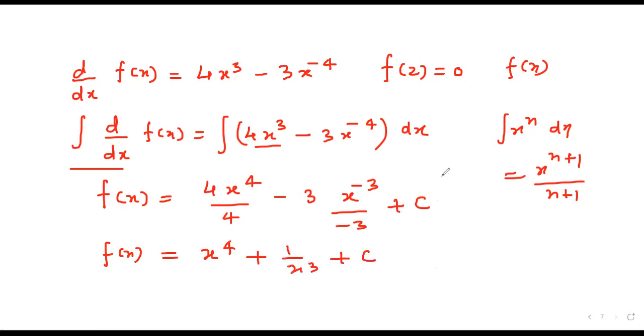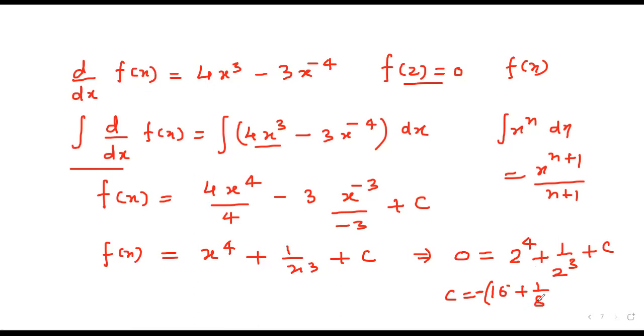Now we are given f(2) equal to 0. When we put x equal to 2, then result is 0. So if we put that value here, 0 equal to 2 power 4 plus 1 upon 2 power 3 plus c. That is c equal to minus (16 plus 1 upon 8).